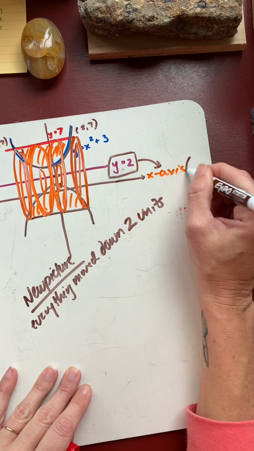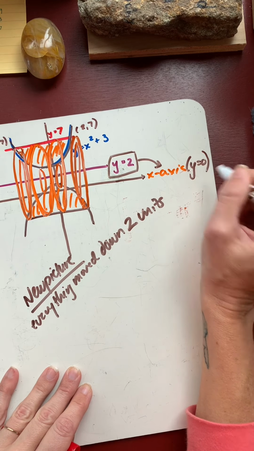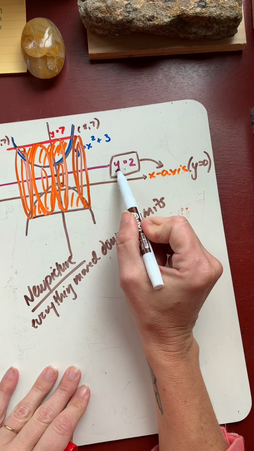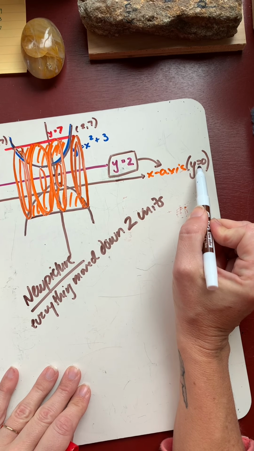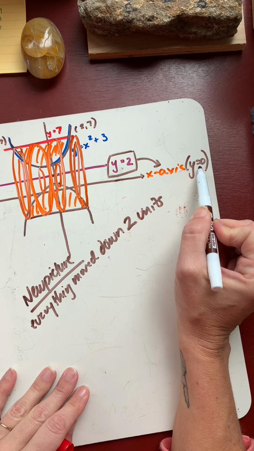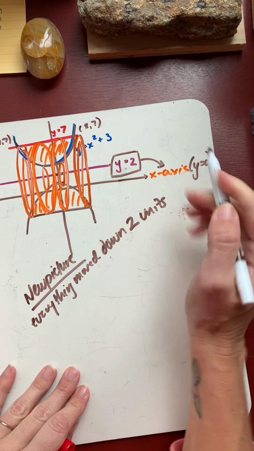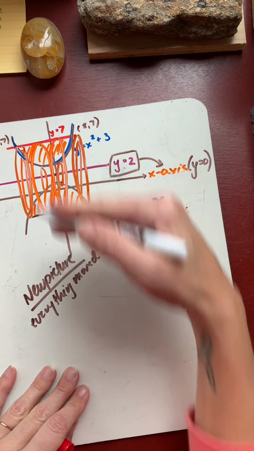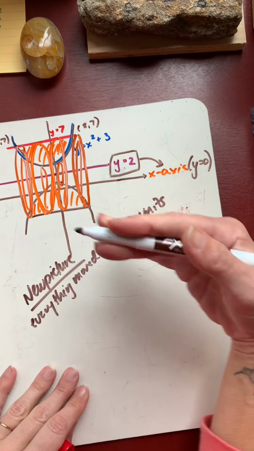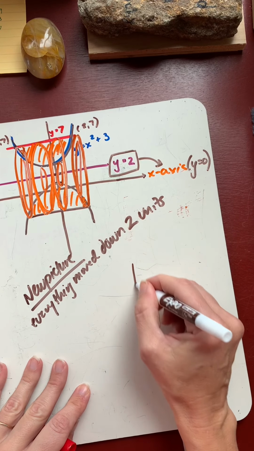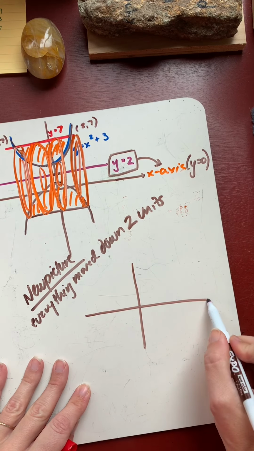Well, the x-axis is y equals 0. So I don't want the axis of rotation to be y equals 2. I want it to be y equals 0. So I'm going to do just a translation, a shift, and move everything down 2. And if everything is just moved down 2, in my mind, I can just rotate around the x-axis, and that's all I need to do.